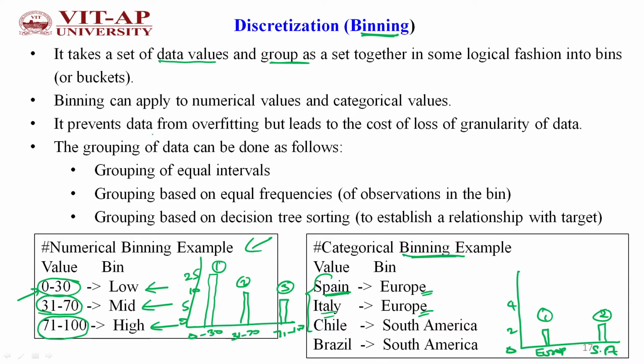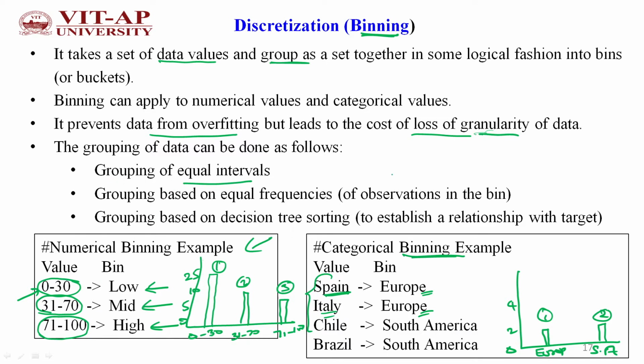What it is doing is avoiding overfitting, but there is the possibility of loss of granularity, that means loss of information in the data. This grouping can be done in three different ways. We can use equal intervals.